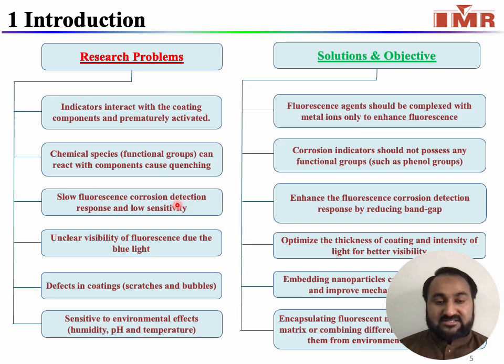There is also a slow fluorescence response rate, unclear visibility of the fluorescence, defects in the coatings such as scratches and bubbles, and sensitivity to the environment. We will solve all these problems, and those are our objectives. Fluorescence agents should form a complex with the metal ions to enhance the fluorescence, and the corrosion indicator should not possess any functional group such as a phenol group. We will solve all these problems.